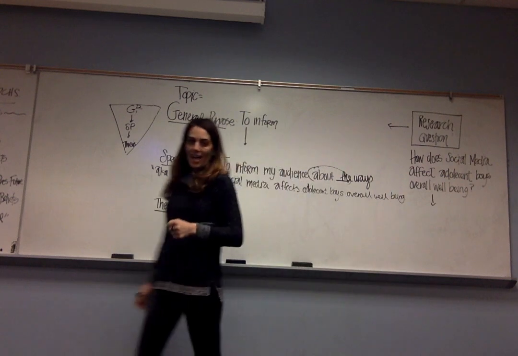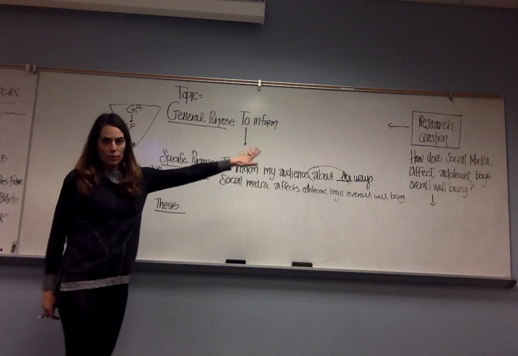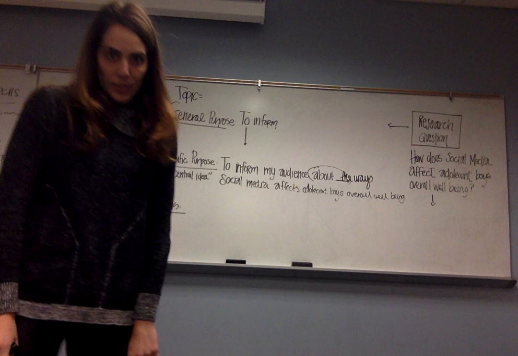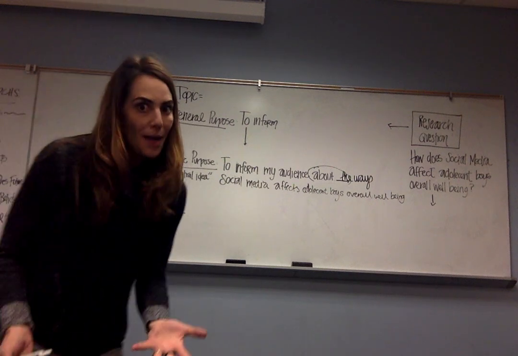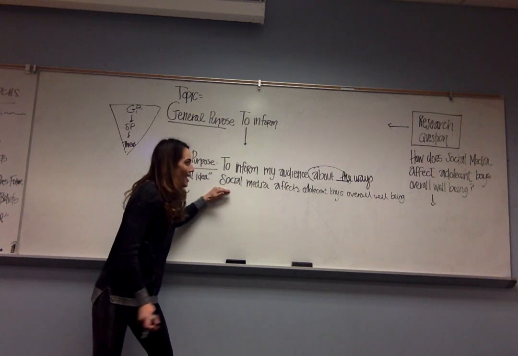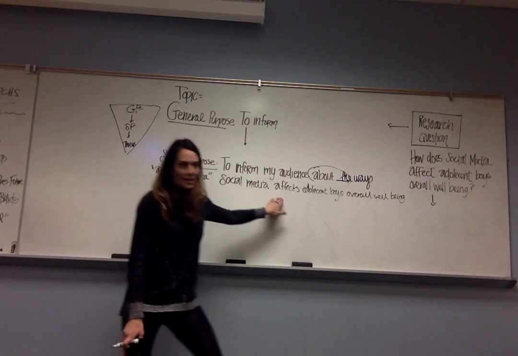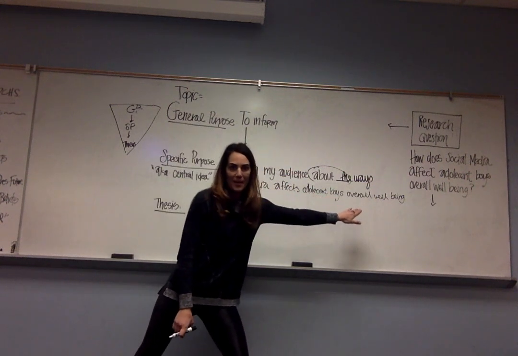And now I have taken that statement or the research question and I've simply turned it into a central idea. What is this speech going to be about? Well, I bet it's going to be about the ways social media affects boys' overall well-being.